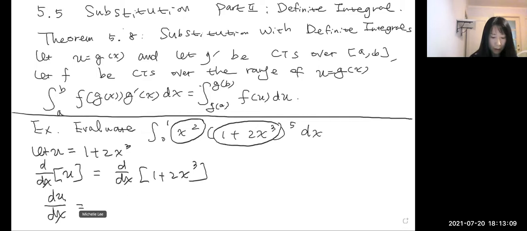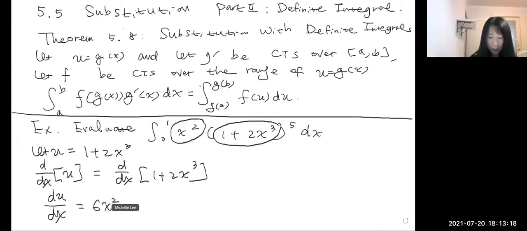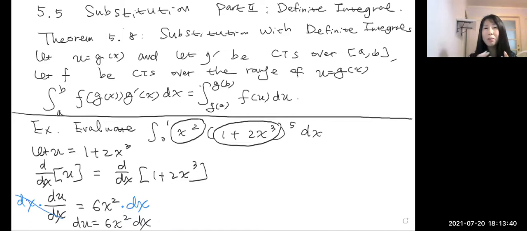How about the right side, what do you get? 6x squared, right? Now we multiply by dx on both sides. Then what do you get? du will be 6x squared dx, right?